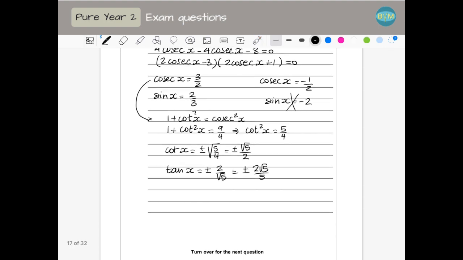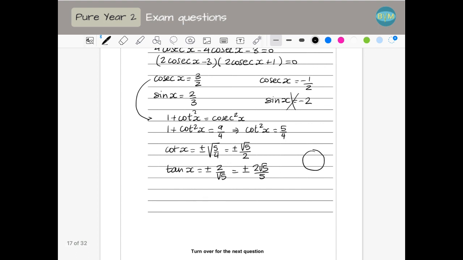So you remember that the tan of an angle that is obtuse, if you have an angle that is obtuse, this angle here, the tan of this angle is going to be negative, because remember the tan is the gradient, and the gradient of this line is negative. So if the angle is obtuse, the tan is going to be negative.